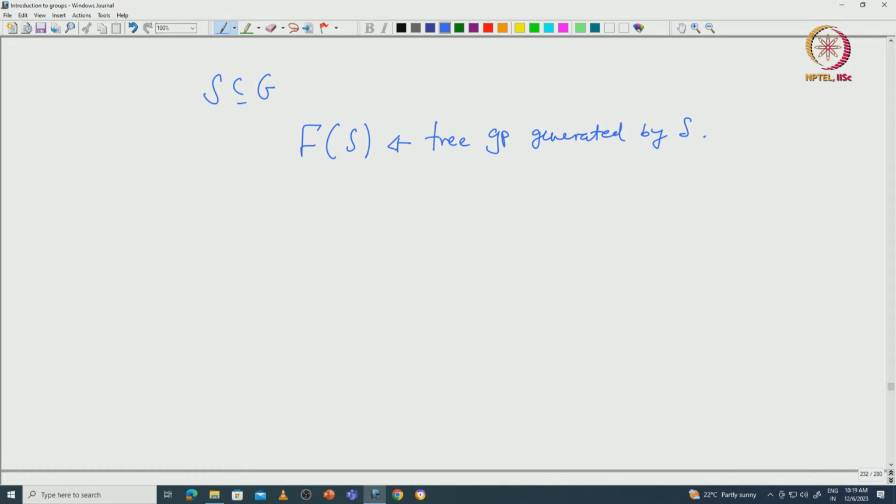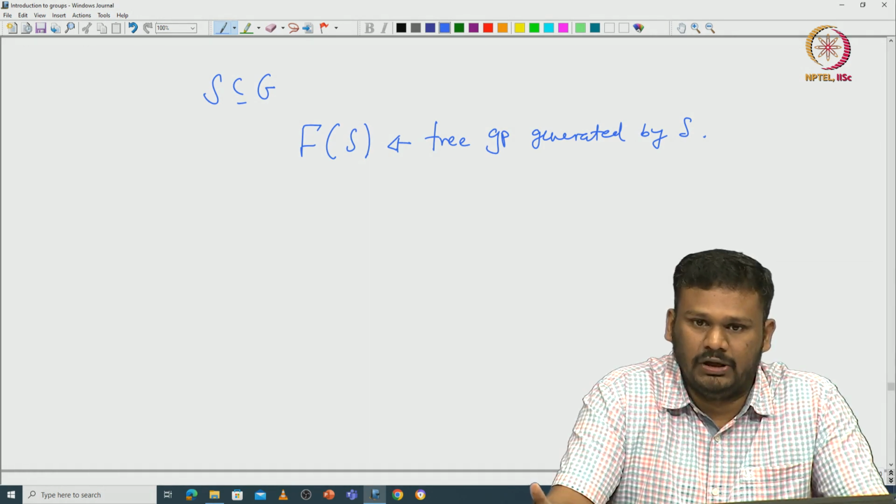For example, in a finite group, if you take any element, then x to the power of the order of G must be the identity. That is a relation. Those kinds of relations should not happen in the free group generated by capital S. It is generated by the elements of capital S as freely as possible, so no relations should happen.